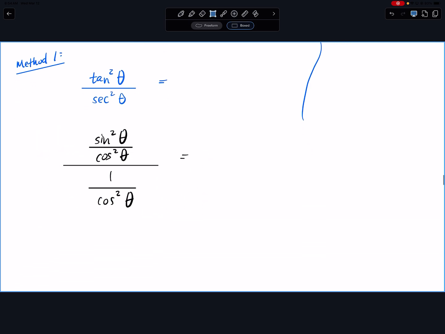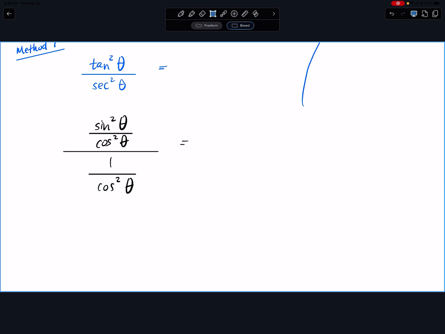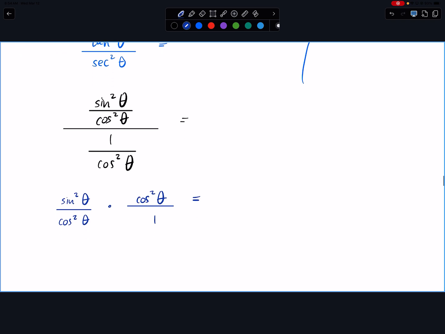And then to divide fractions, multiply by the reciprocal. So the top fraction stays the same, sine squared theta over cosine squared theta, times, the denominator is going to become cosine squared theta over 1. And then what's going to happen?